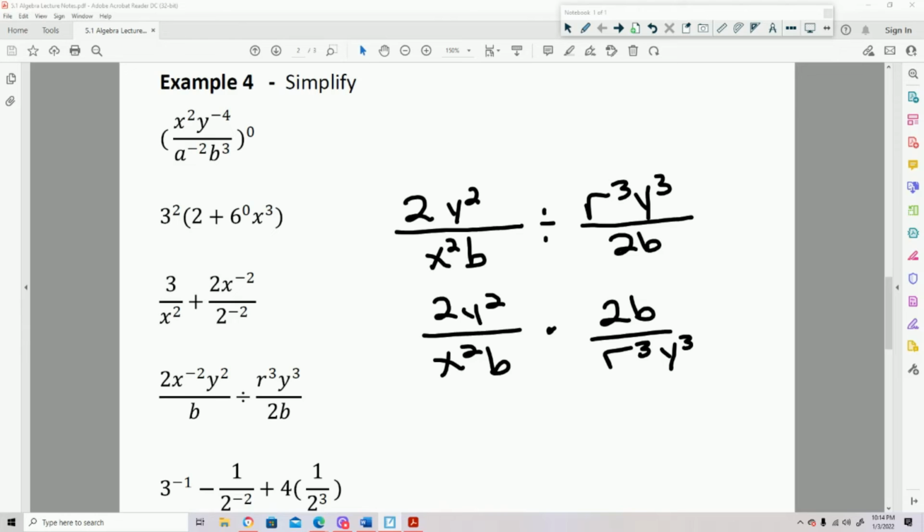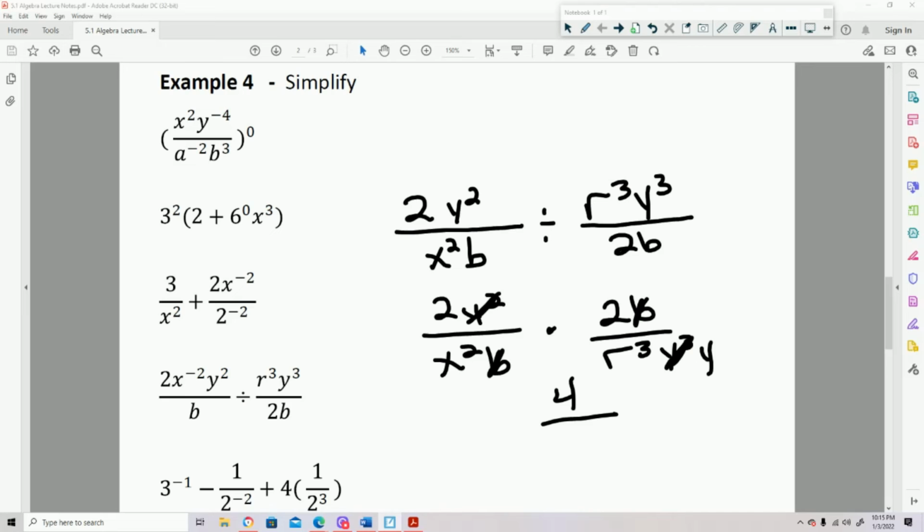Although this can get a little bit sticky, we can do some cross-reducing. This b and this b cross-reduce. They go away. b over b is equal to 1. That's like b to the 0 power. I do have something else that can cross-reduce. I have 2 y's here, 3 y's here. So if I get rid of those 2 y's, I've got 1 y left. They cross-reduce.